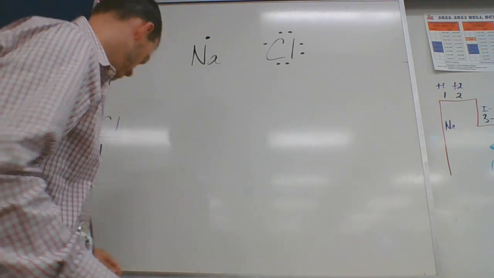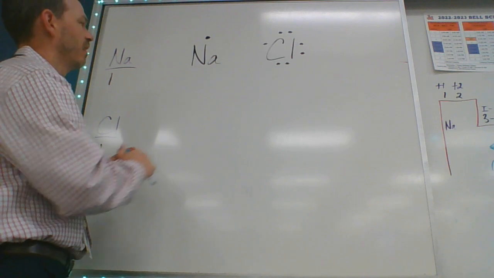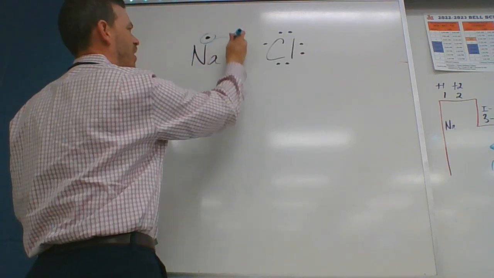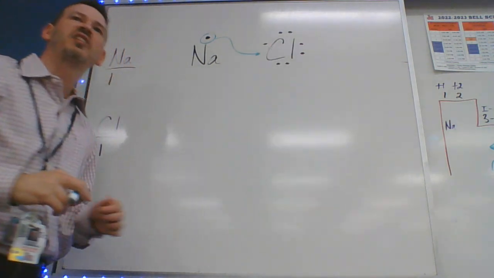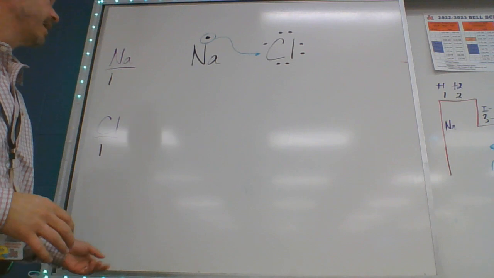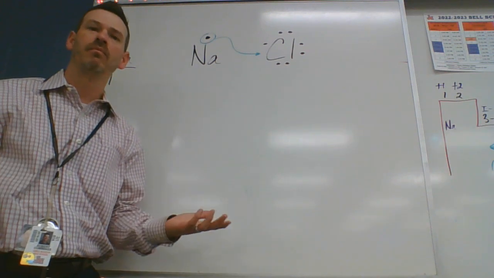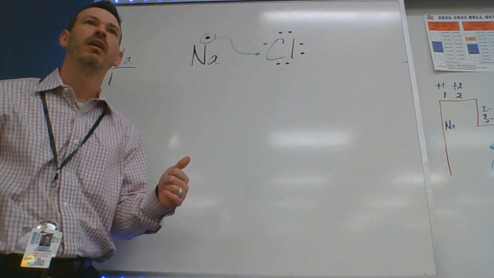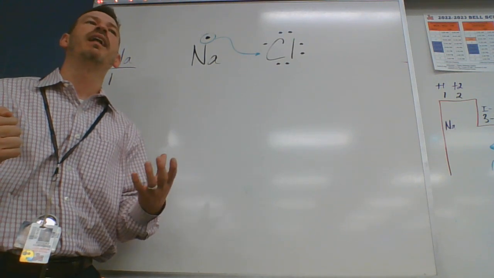What could I do? I could move sodium's valence electron over to that spot on the chlorine. And if I did that, it would make sodium be naked, essentially, which makes him really happy. Sodium loves being naked. And it would fill chlorine up.